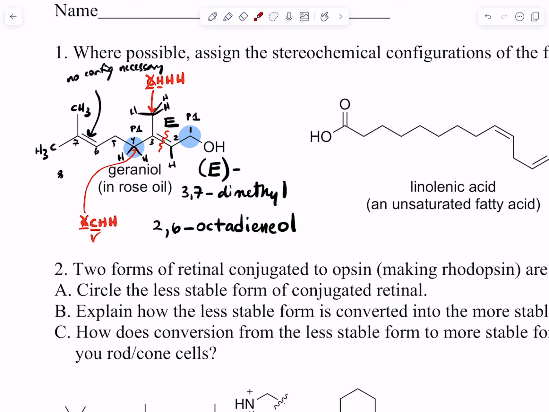Now, you technically don't need a number in front of that because you can only assign E or Z to the first alkene. And if you tried to draw this, that would be obvious. You draw the methyl group on carbon 7 and you would see, oh, that alkene doesn't have stereoisomers, so it doesn't matter. But if you want to, it's not incorrect to put 2 in front of the E to indicate that we were talking about the bond between 2 and 3.